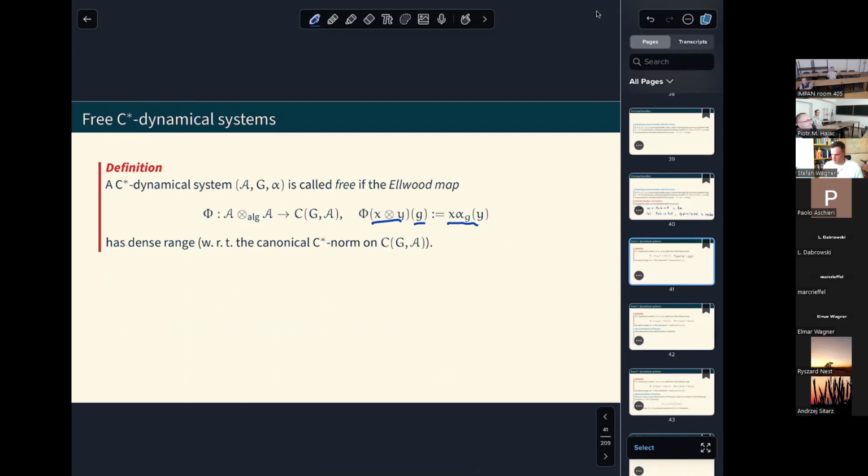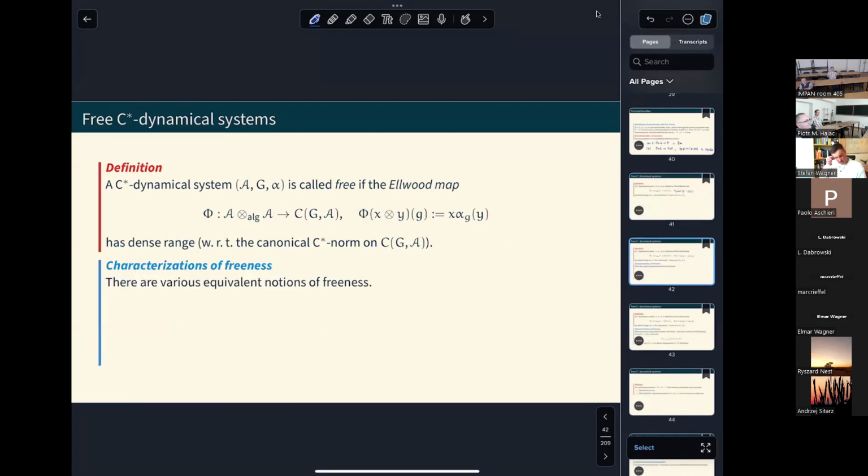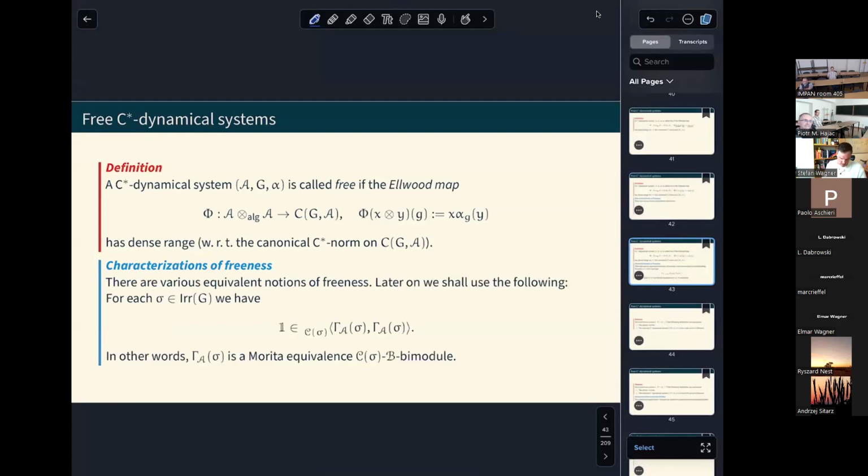And of course, as you already mentioned, there are characterizations of freeness. You have the strongly monoidal functors, you have the Peter-Weyl-Galois condition, and something that I will use later on is the following. For each irreducible representation, I have the unit in the left inner product that we saw before.